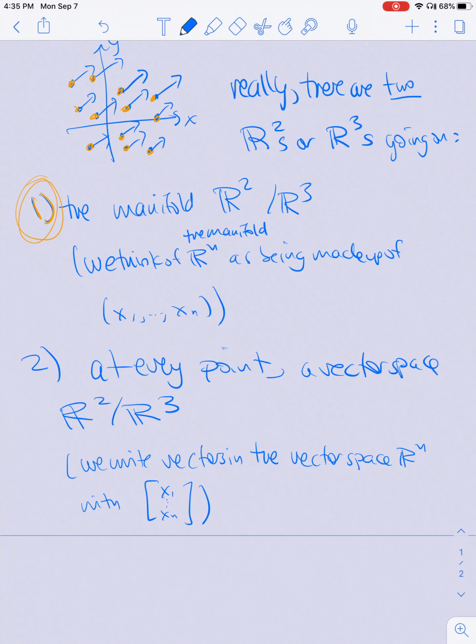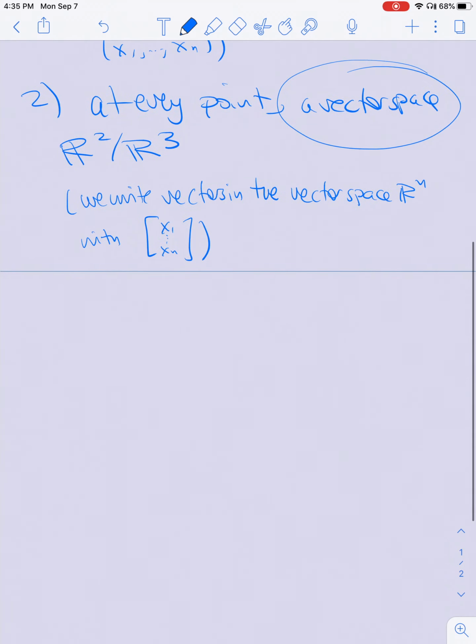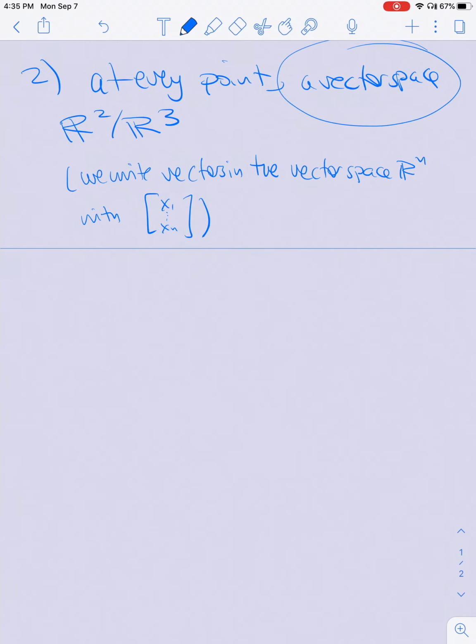Okay, so what is this vector space doing, living at every point and containing vectors in a vector field? So what we need to define is the tangent space.